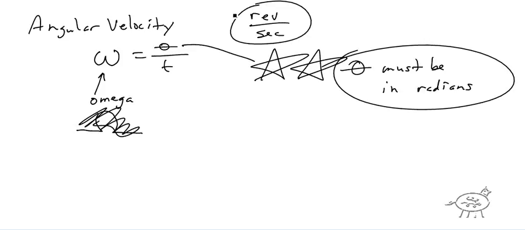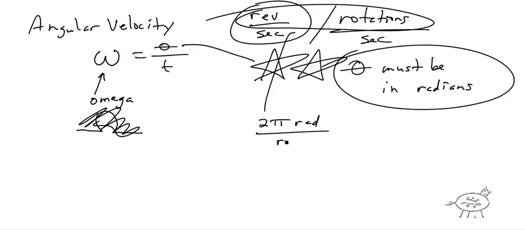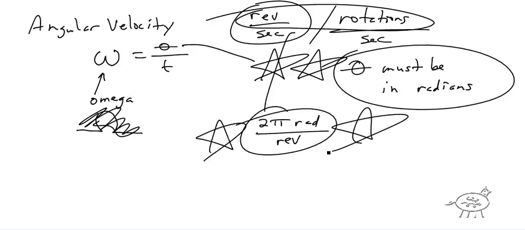If I give you something in revolutions per second, or I could also give it to you as rotations per second, if you're given either one of those two, you better convert that to radians. How do you convert it to radians? Well, isn't the conversion 2 pi radians per revolution or per rotation? That's going to be the unit of conversion to convert it into radians. That's really critical.